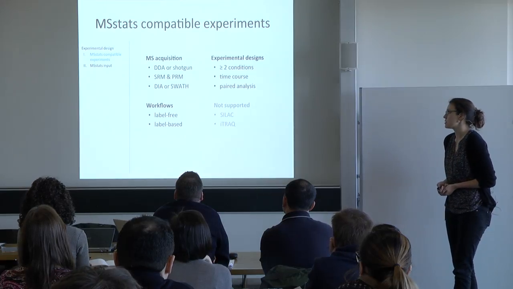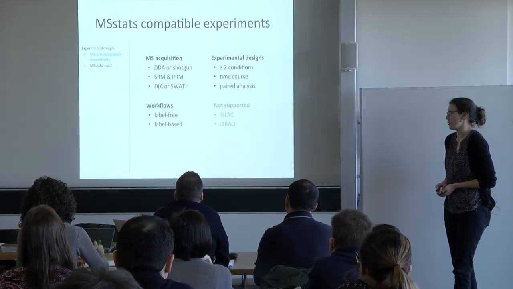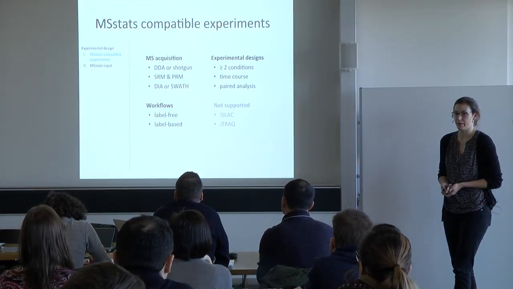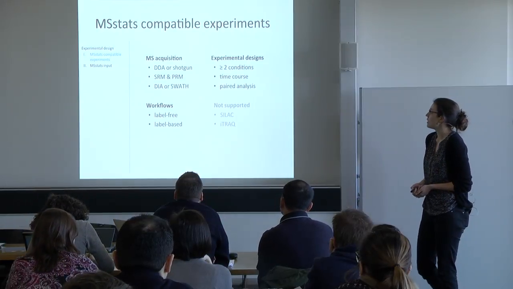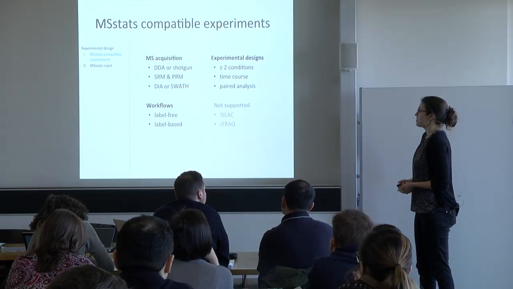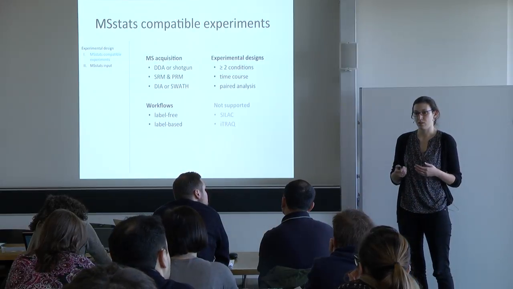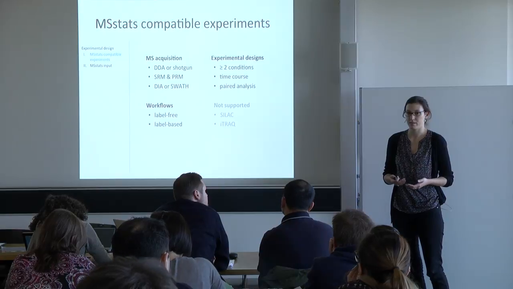MSstats is compatible with quite a lot of different experimental setups, so you can use DDA data, SRM or PRM data, and also DIA acquisition data sets, and it is also working on label-free as well as on a label-based approach. The nice thing is that it can really handle a lot of very different and also very complex designs.